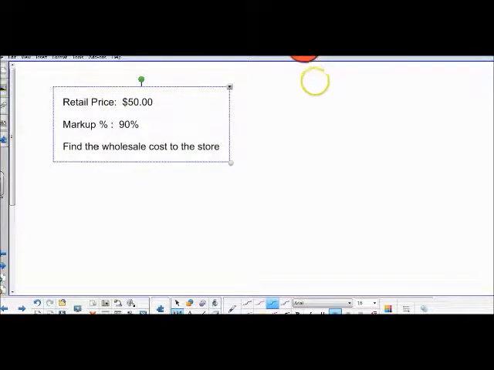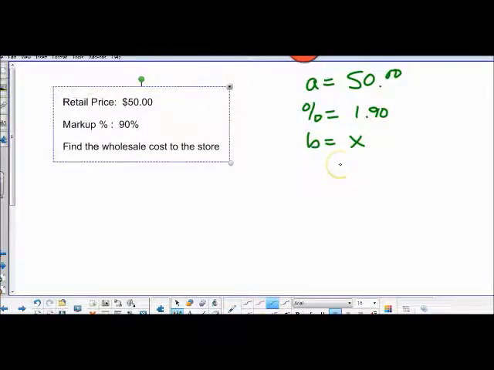So in this case, the new amount is the $50. The percentage is not 90 because it's marked up at 90%. So I would use 100 plus 90, or 1.90, as the markup percentage in the formula. And the original price, that's the thing that I don't know here. So this is going to be important for you to figure out the difference between those two.